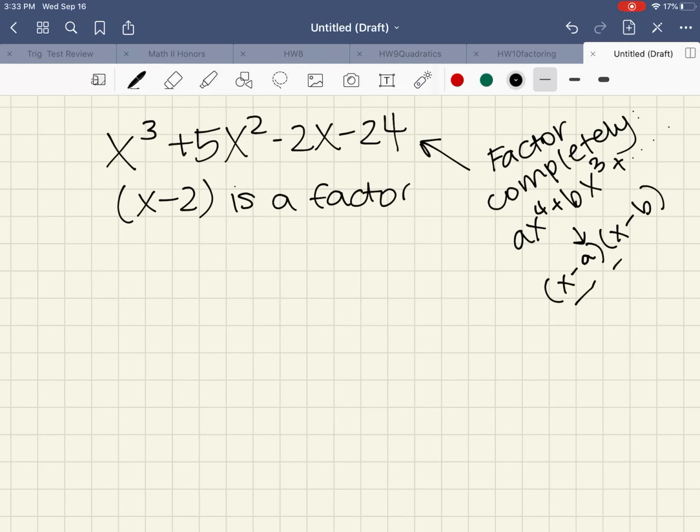We want to get parentheses instead of a bunch of terms because that's going to tell us the x-intercepts. The first thing I'm going to do is divide by the factor.